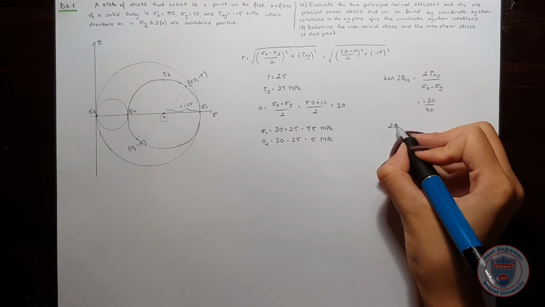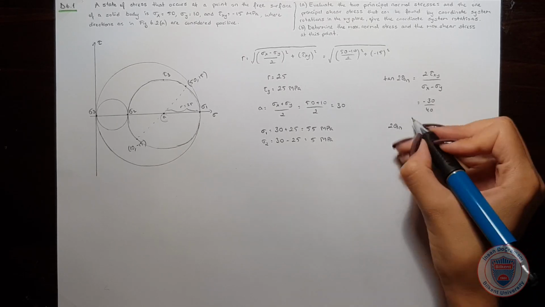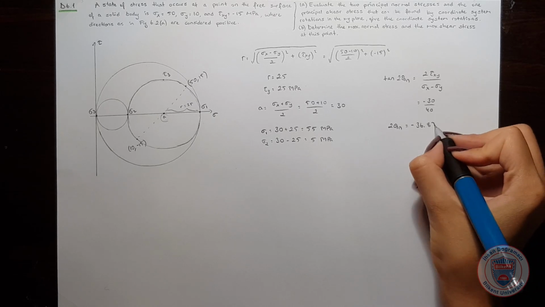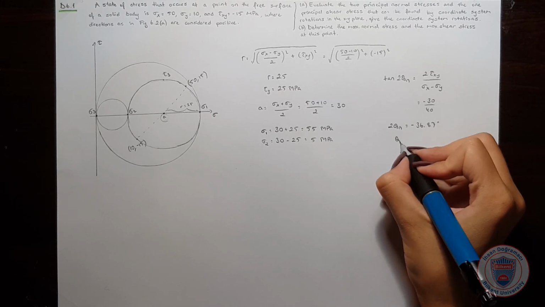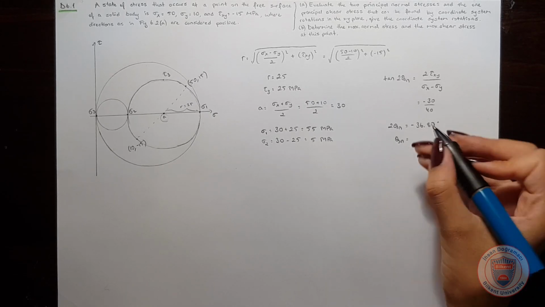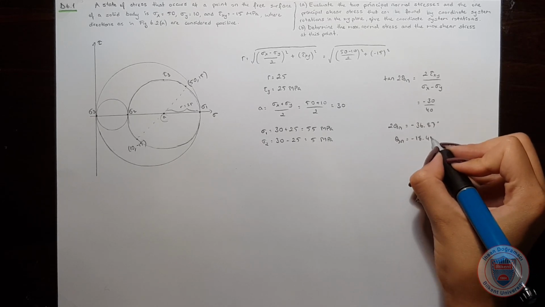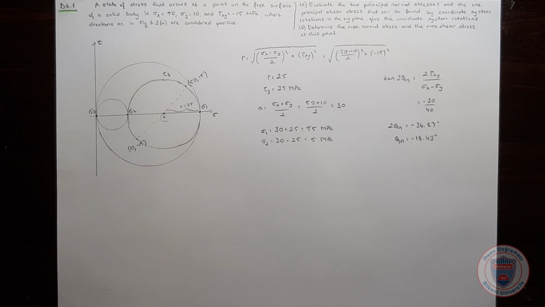Here we got 2 theta n is equal to minus 36.87 degrees, and this will give theta n is equal to minus 18.43 degrees. Now we can move on to part B.